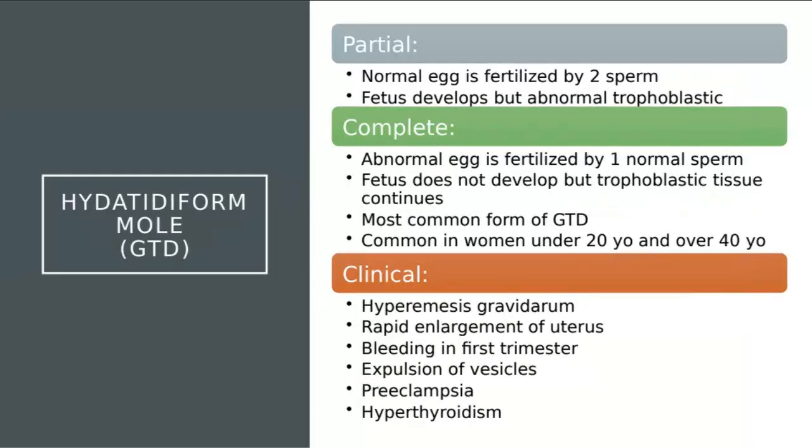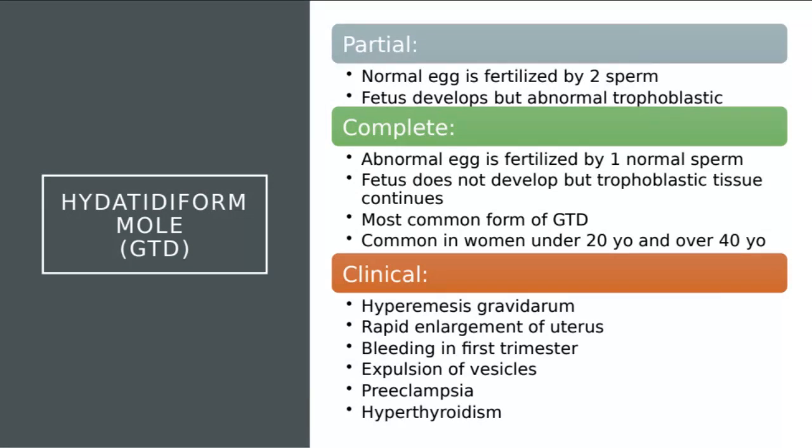So now we're going to talk about some variations of gestational trophoblastic disease. You can have what is called a hydatidiform mole. A hydatidiform mole, or molar pregnancy, is a type of GTD, and we even have further subcategories of a molar pregnancy. We can have a partial molar pregnancy or a complete molar pregnancy.